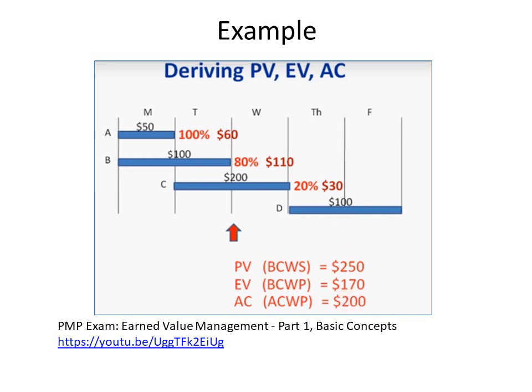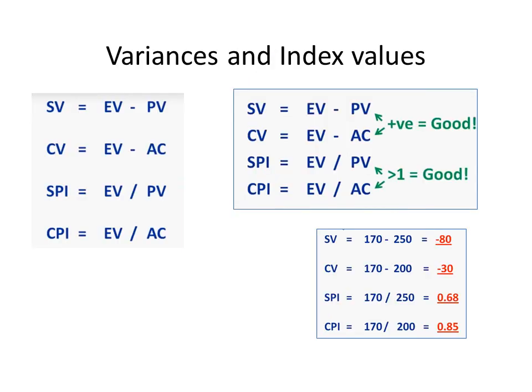So we can see we've got variances throughout there, that the earned value is less than the planned value and the actual cost is higher than the earned value as well. So some poor figures in there, and we can see there if earned value is higher than planned value or actual cost, that's good.